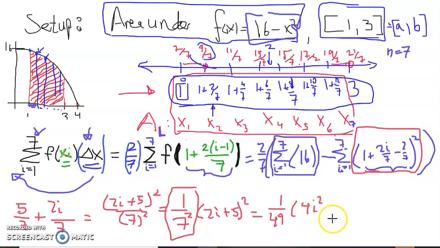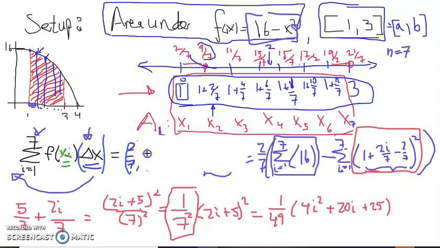This is just the index. 4i squared plus 2 times 2i times 5, so that's 20i. You'll get this by FOILing this out. And then 5 squared is 25. Okay? So this part right here, you actually have the sum of 1 over 49, 4i squared plus 20i plus 25. Goodness. All right. Let's deal with that now.